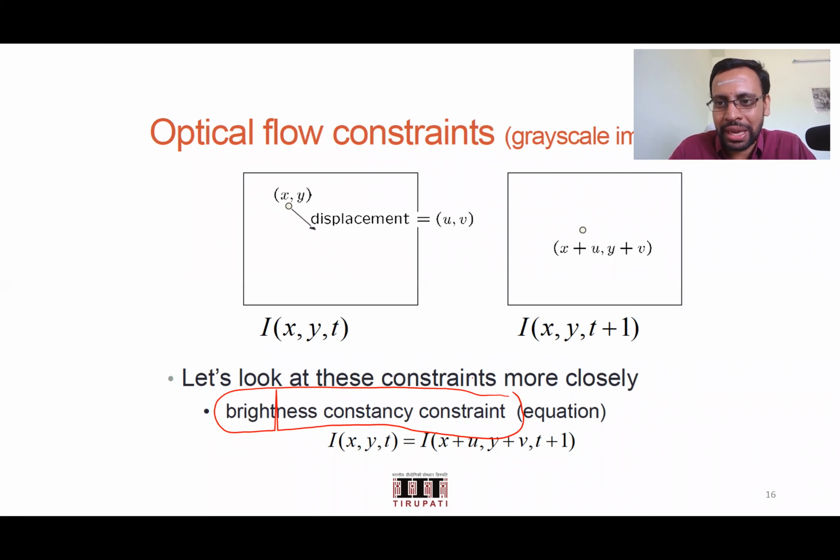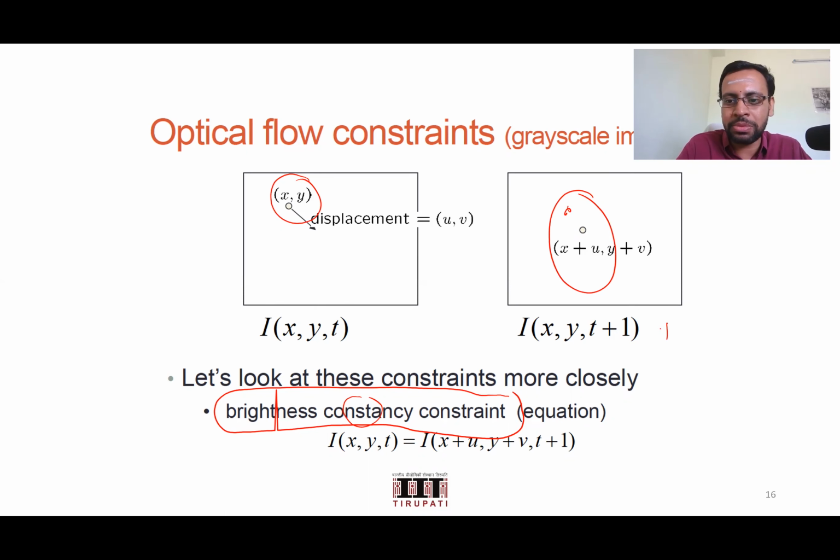Consider a scenario where the brightness remains constant for that particular pixel as I move from one frame to the other, but the point remains within the neighborhood of x, y. Suppose this point has moved when I come to the next image, but within some vicinity itself, it is there.